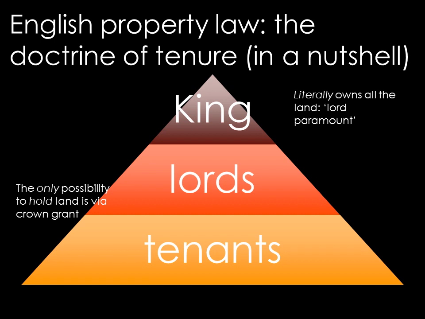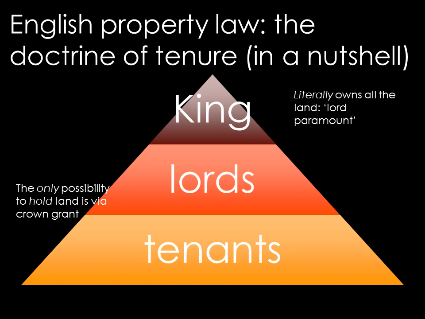But let's have a look really in its property owning sense. Pursuant to the doctrine of tenure, the king is literally deemed to own all the land. The king is known as Lord Paramount of the land. And the only possibility for private land ownership is via a grant of land from the king.